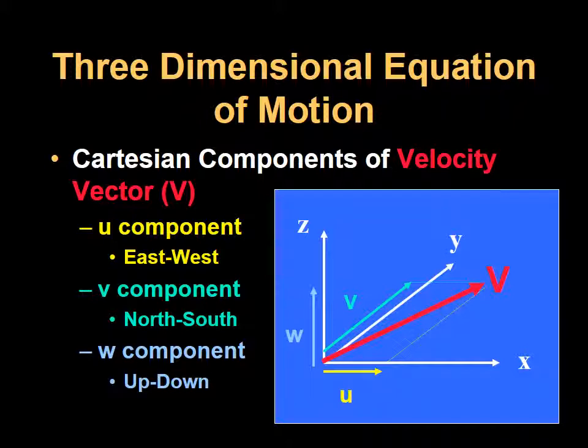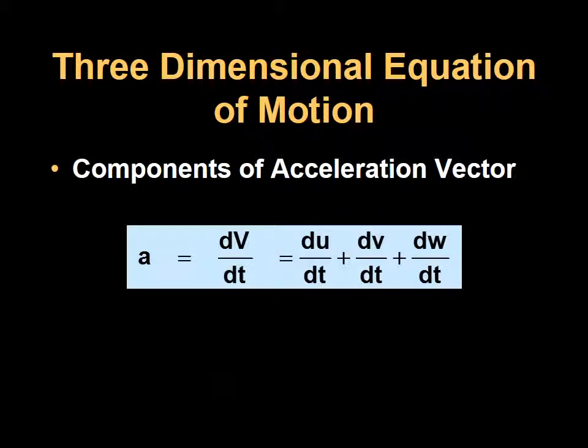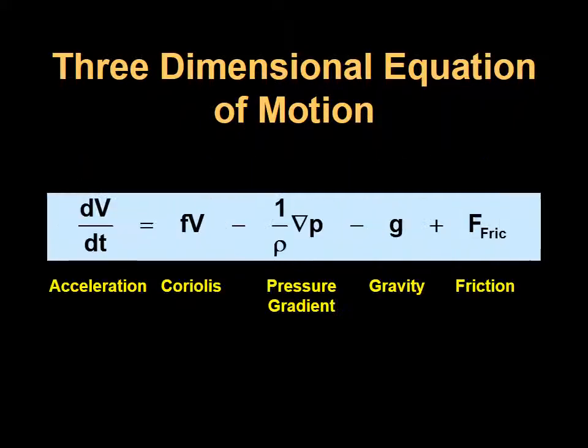You guys are probably familiar with the components of wind already. So if we substitute that in for v, that gives us, for each direction in the Cartesian coordinate system, acceleration in u, acceleration in v, and also acceleration in w.